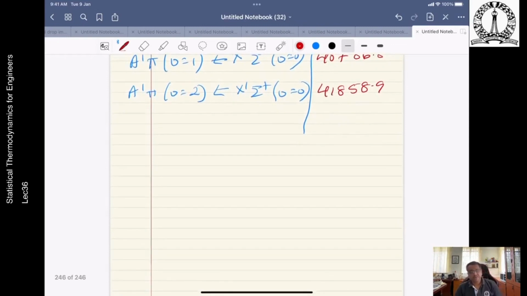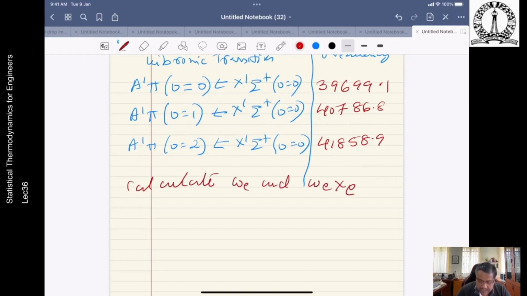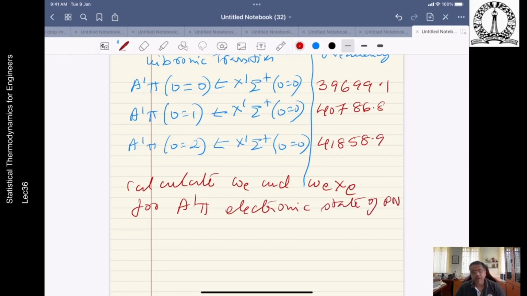Using this data, calculate omega_e and omega_e x_e for the A1 pi electronic state of PN. That's the requirement.